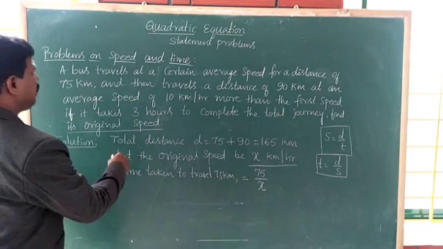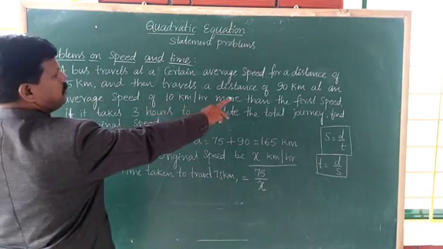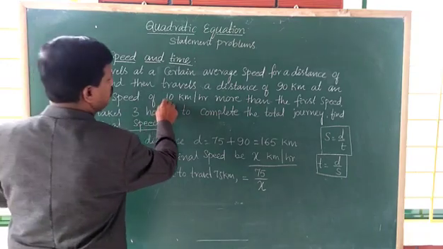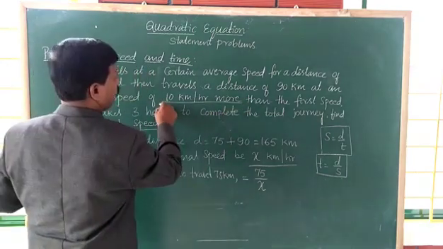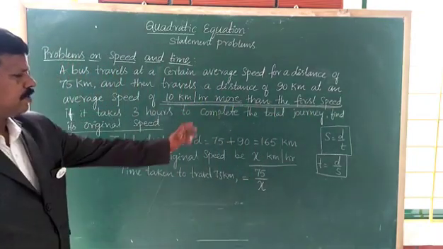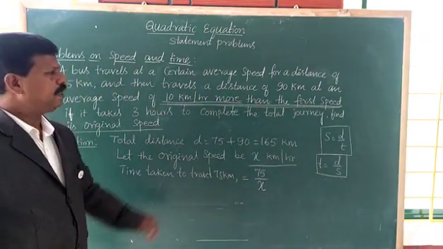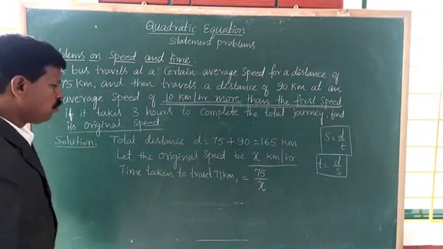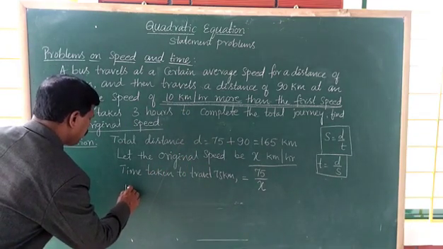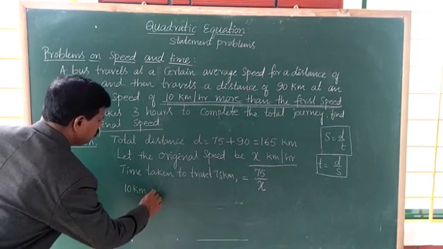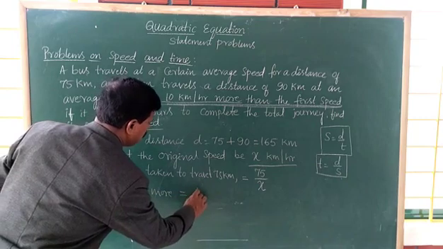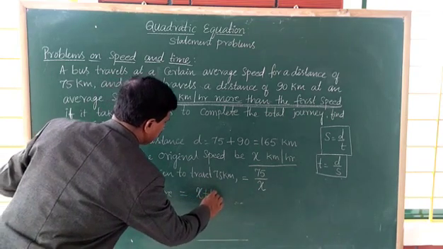Now the second one: the distance of 90 km at an average speed of 10 km per hour more than the first speed. Here the first speed is x that we have taken. So 10 km more is x plus 10.